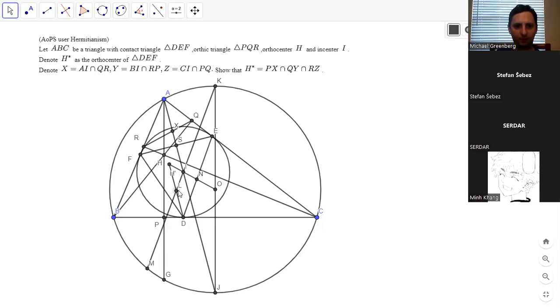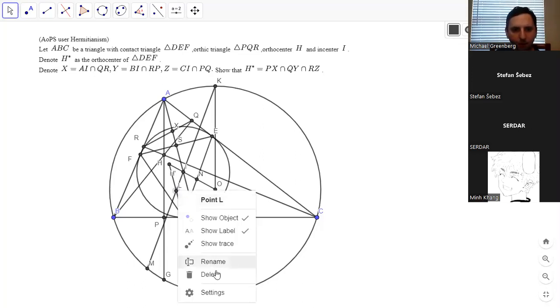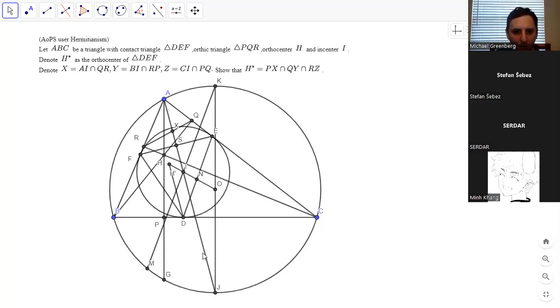Actually, yeah, can you check if AM and DH prime intersect on the incircle?